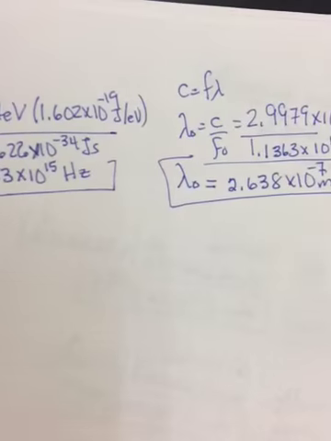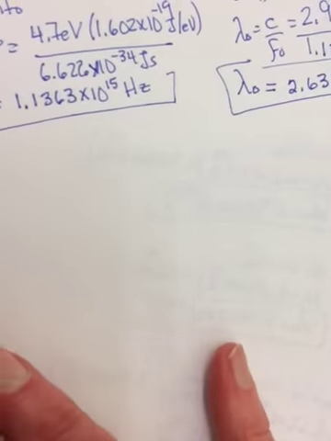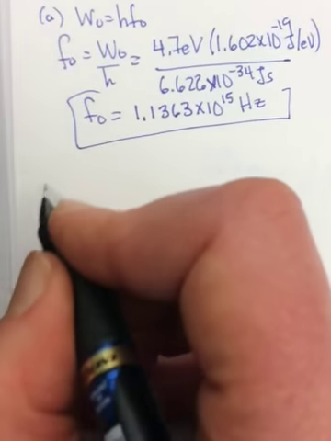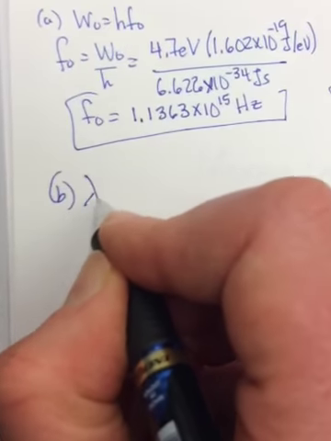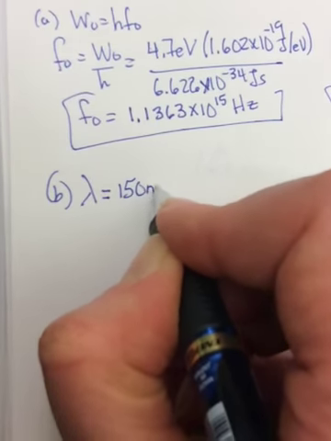Answer to part A. Part B wants to know iron is exposed to radiation of wavelength. So now in part B, they're telling us the wavelength of the radiation is 150 nanometers.